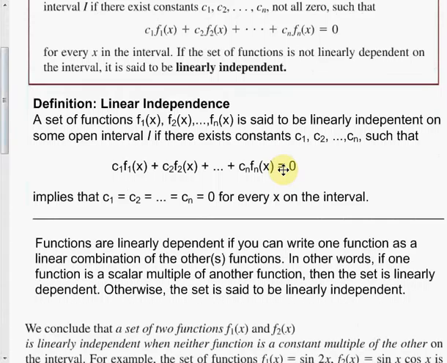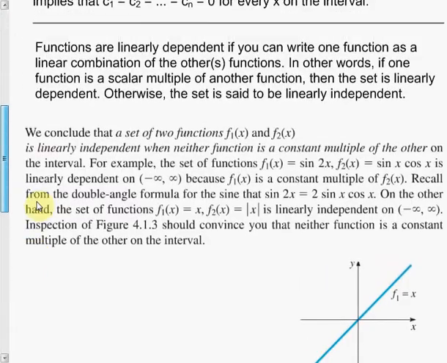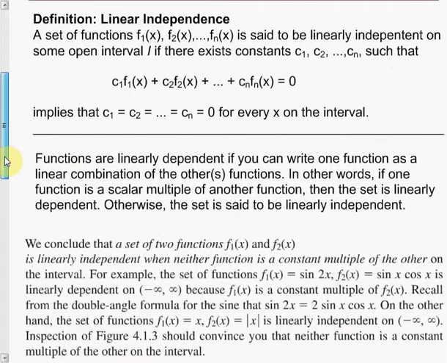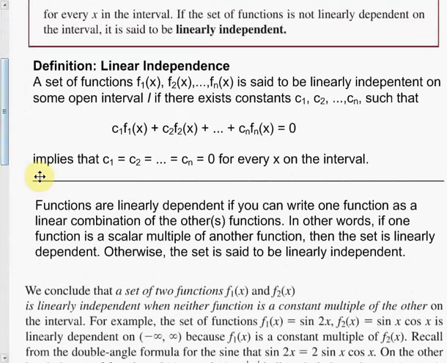And I thought I had written out mine in here. I don't see it. I will put that in there for you. I thought it was in there. It should have been right up under this definition for linear independence.